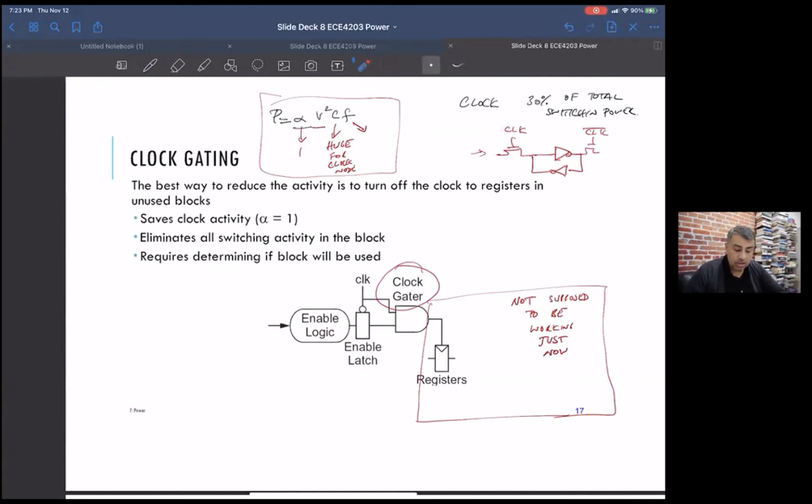Or you're going to get runt pulses on your clock if the enable or disable is very close to your clock edge. So you're going to have a bunch of don't knows, and it can really screw up your circuit.